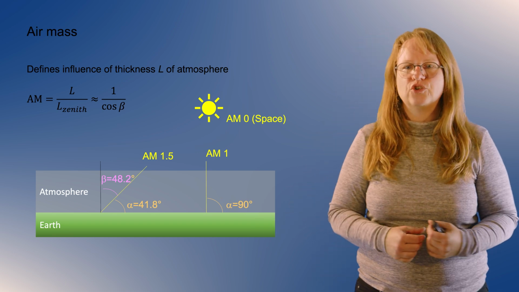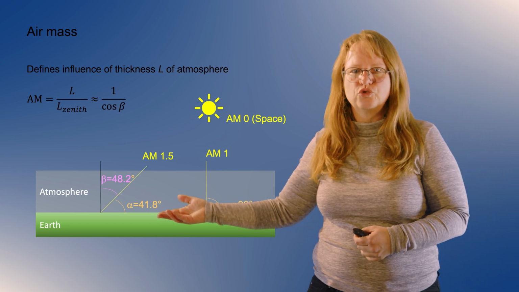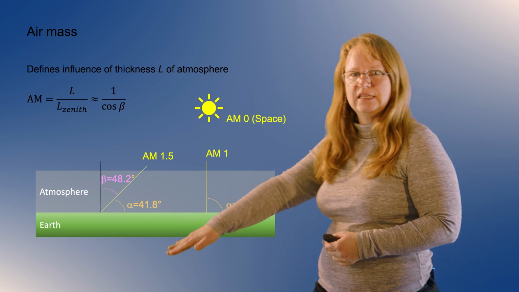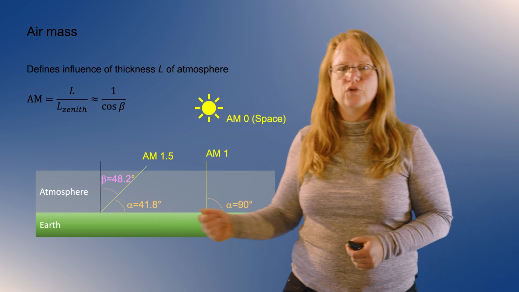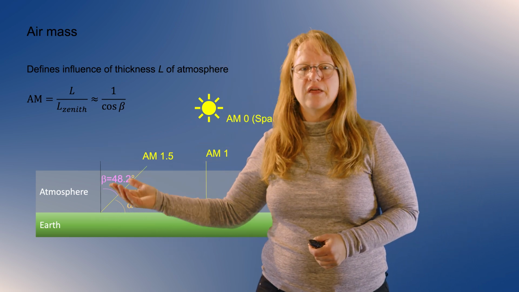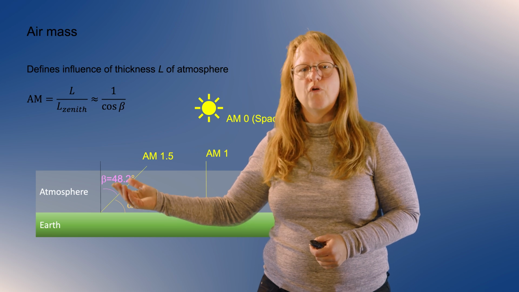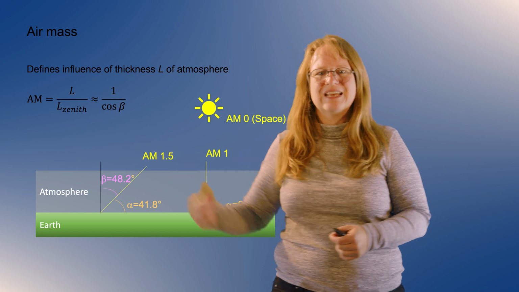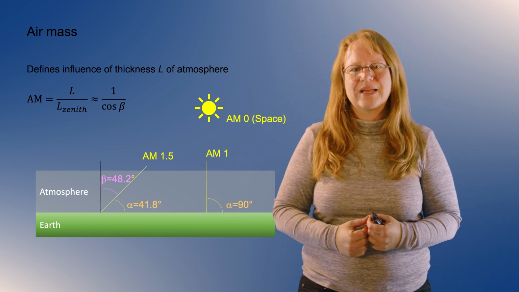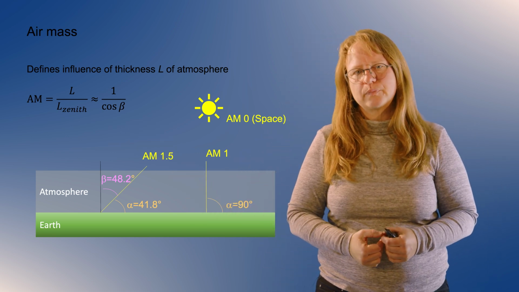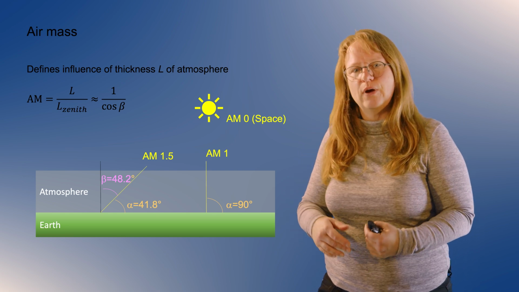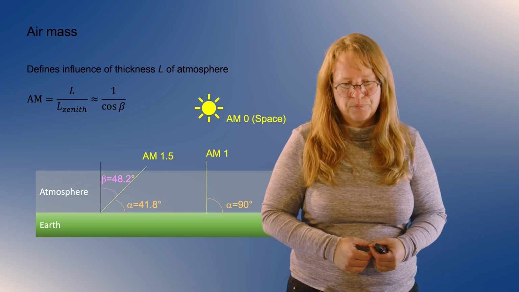So an air mass of 1.5 corresponds to 41.8 degrees of the sun as seen from the horizon. If you measure it from the zenith, then it corresponds to 48.2 degrees. I mean, you need to plug the 48.2 degrees into the cosine to get the correct air mass of 1.5. Okay, so depending on which time of day you have, you have a different air mass value.